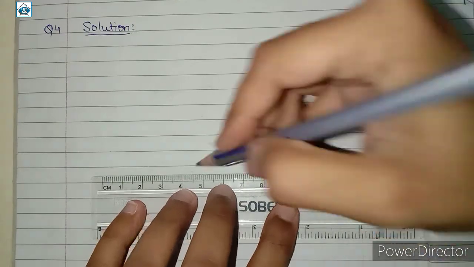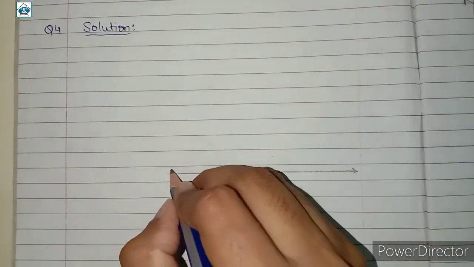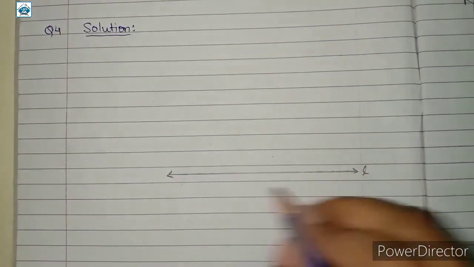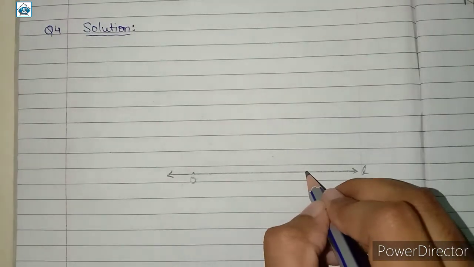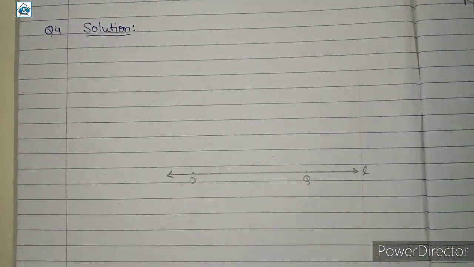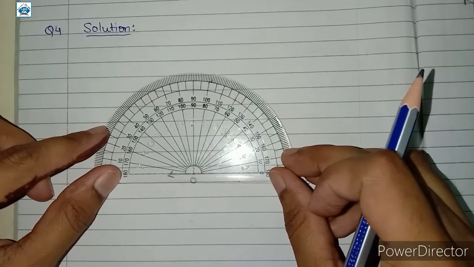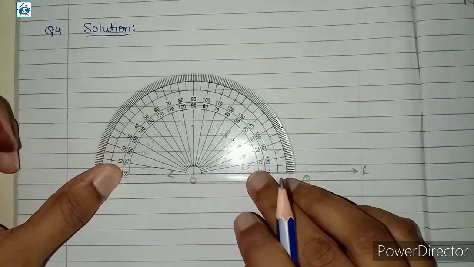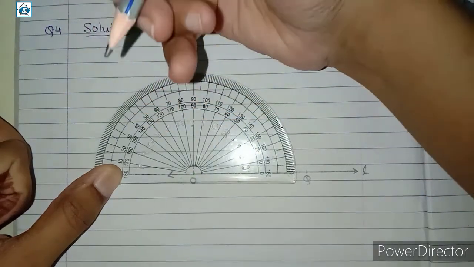First of all, let us draw an angle of 153 degrees. For that, let us draw a line L like so, and I am going to mark a point O on this, which will be the vertex of my angle, and OQ will be one arm of my angle POQ. So here, keeping the protractor at the vertex like this, I am going to mark a point over here that measures 153 degrees.